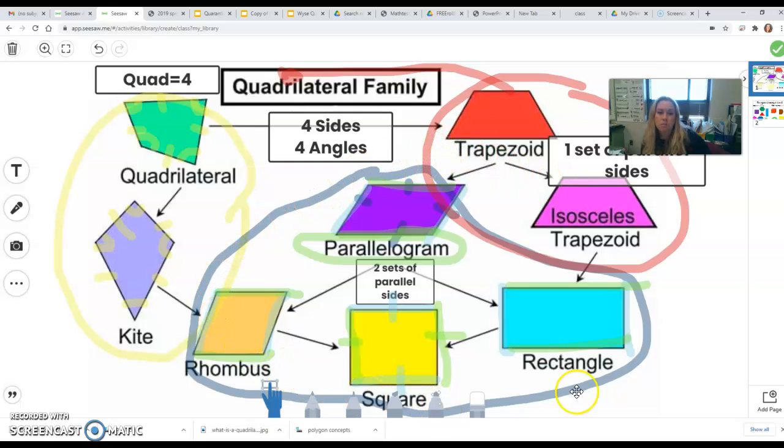If I was talking about this blue group right here, I would say four sides, four angles, two sets of parallel sides, and they are parallelograms and quadrilaterals. Then this red group right here, I would say four sides, four angles, they're quadrilaterals and trapezoids. All right, you got it all? We're going to keep reviewing this.